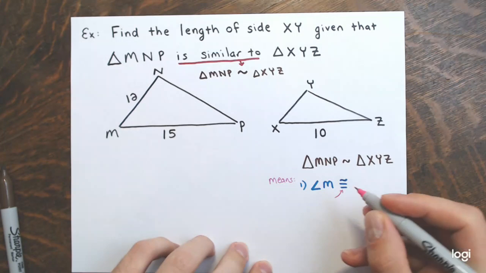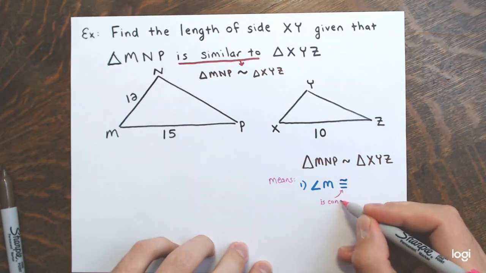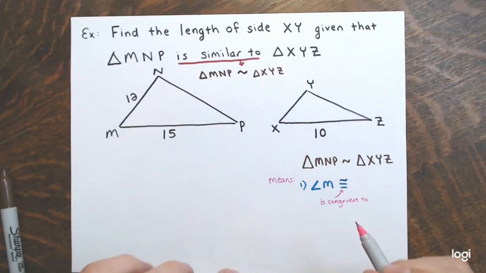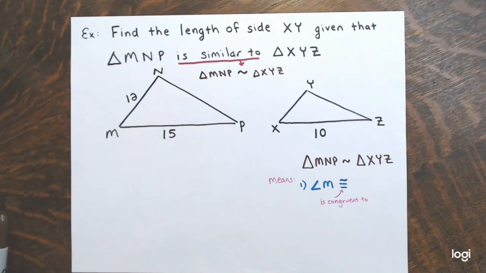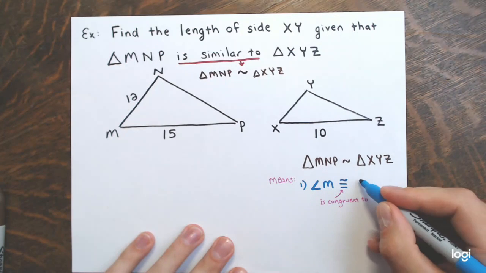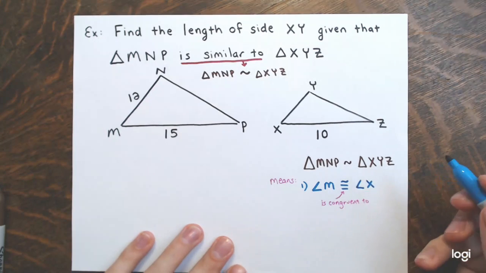This symbol means is congruent to. That means it has the same measure, the same size, if you will, of an angle. So angle M would be congruent to angle X, both the first letters in the name.